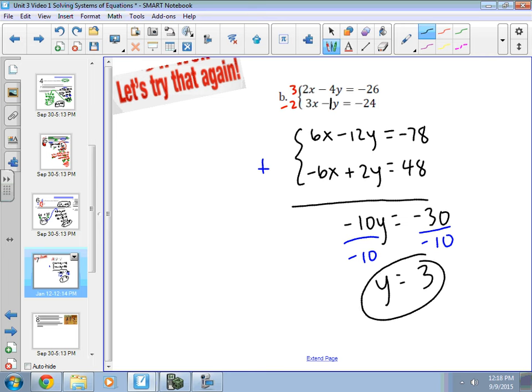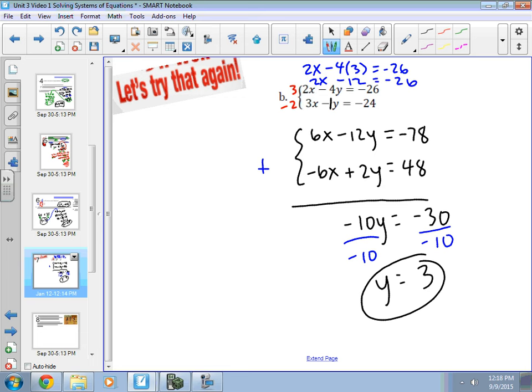So that's why we got y, to find x, so plug it back in and see what x equals. Let's just pick the top one again. If we plug it back in here, we got 2x minus 4y, we found out to be 3, equals negative 26. If we do some multiplying there, that's negative 12.